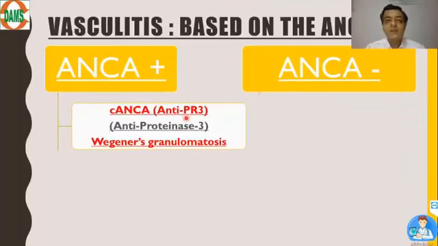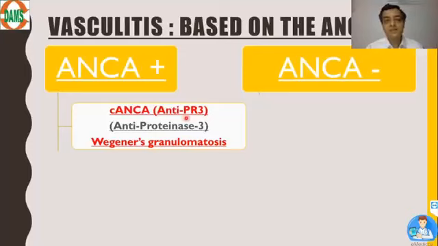So in modern medicine, if you send a blood sample to the laboratory to do C ANCA, the laboratory will say we don't have such a test. Because all laboratories are computerized and the technician will search for C ANCA, but C ANCA does not exist now.